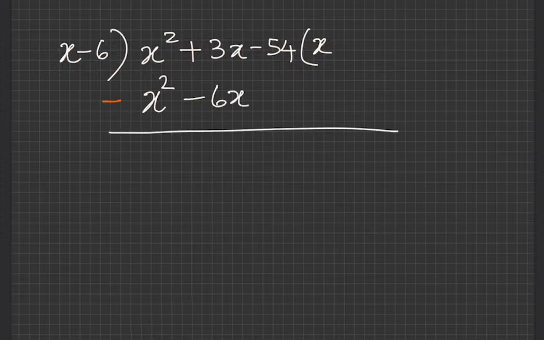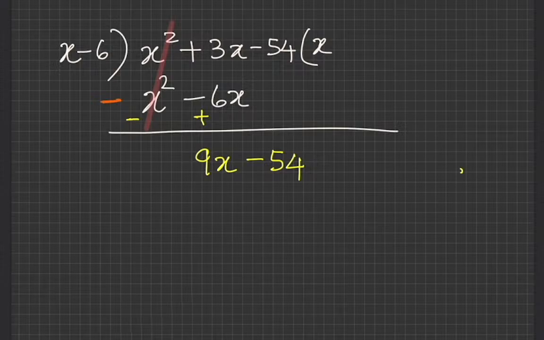So this is division, so I have to subtract. When I'm subtracting in algebra, we change the sign of the subtrahend. So this becomes plus, x squared minus x squared cancels out. 3x plus 6x will give me 9x. I'm going to bring down 54.